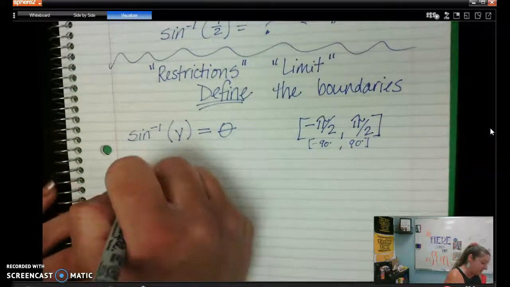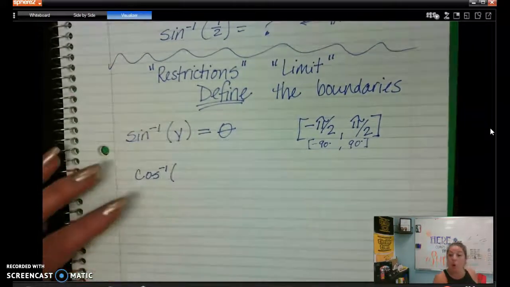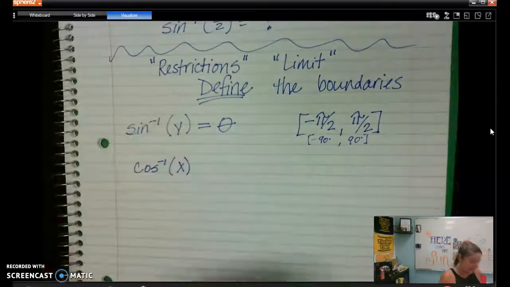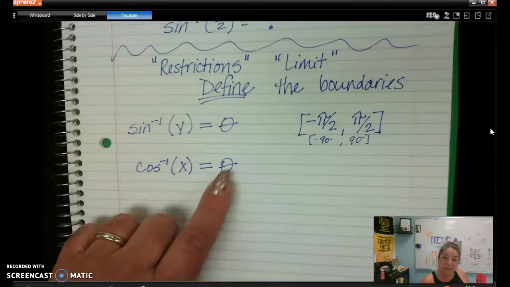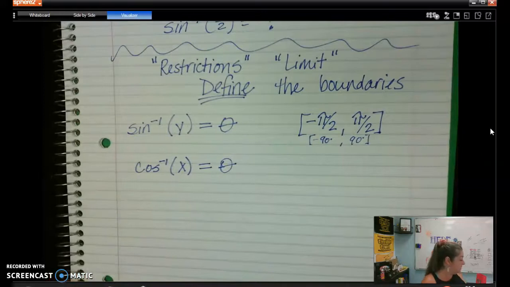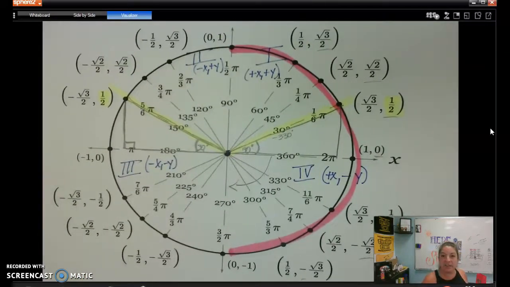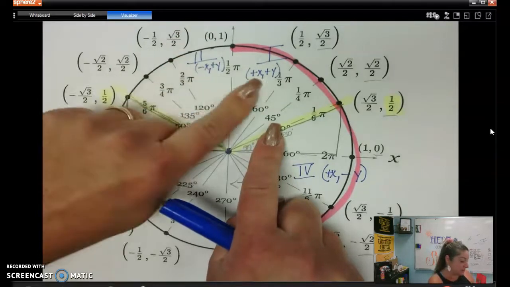Let's talk about cosine, though. So the inverse cosine, remember the cosine is the x number. So when you look at the x value and you want to find what the angle is, the 2 quadrants that are easiest to look at are quadrant number 1, where everything is positive, and remember, this time we're focusing on the x.